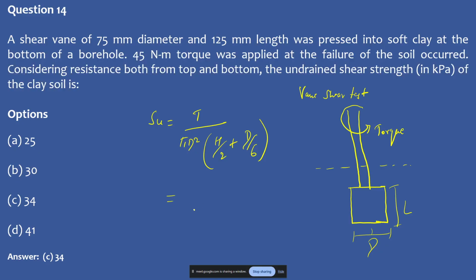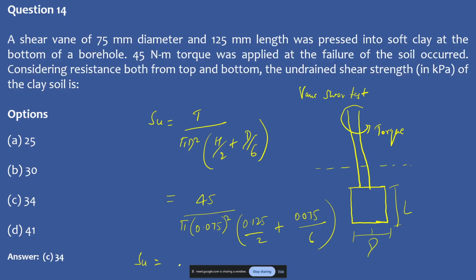So in that particular case your torque is 45, your diameter is 75, so it can be written as 0.075 squared. The length of the torque blade is 125 mm, so it's 0.125 by 2. This is the D, so this is 0.075 by 6.